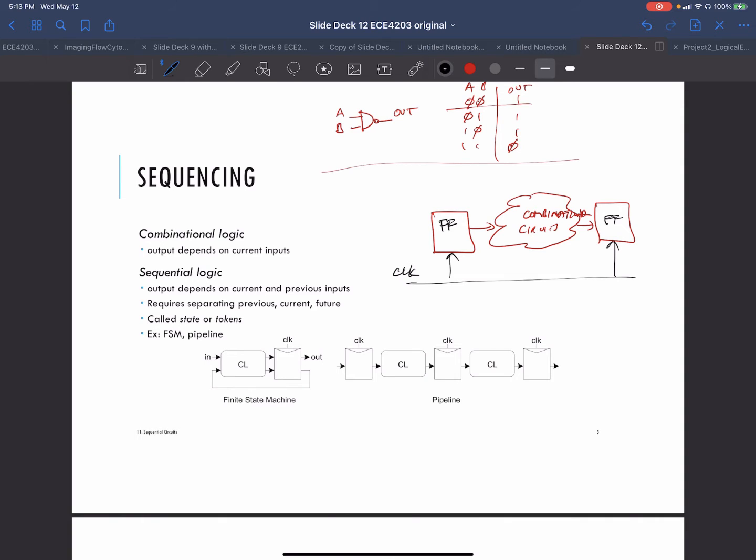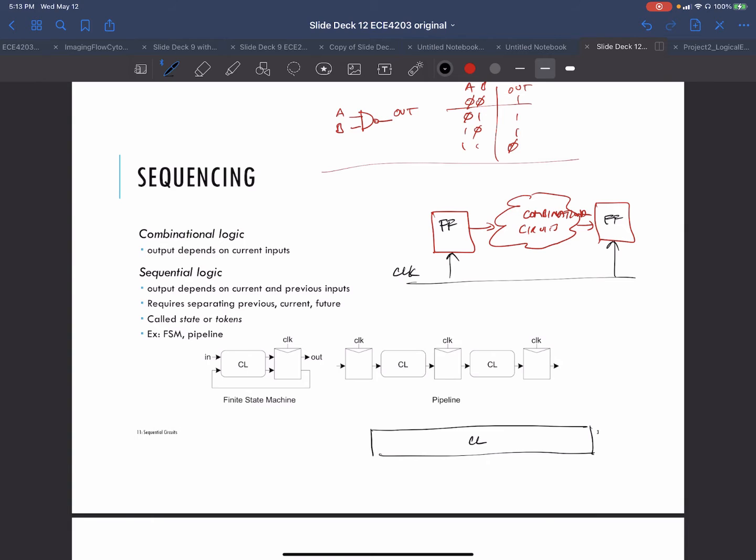And in other cases, pipeline circuits. So a lot of times in processors and lots of circuits, you want to create a situation where you can increase the throughput of your circuit. Let's say you had a combinational logic that was very long and did some functionality.